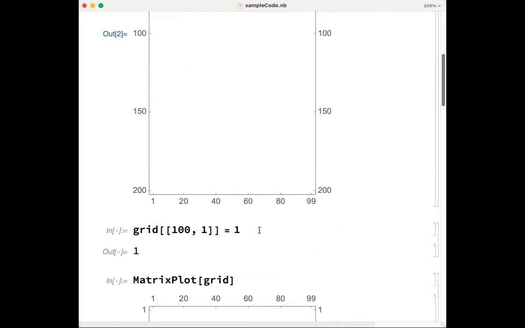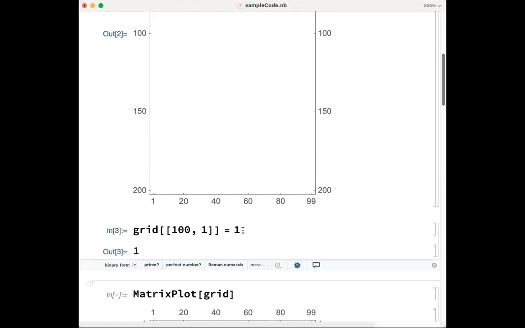The second step is to introduce a particle at site 100 and 0. So that's what I gave you in the instructions. But it turns out that Mathematica doesn't like the 0 index, so it's 1. So in this case, it's not 100 and 0, it's 101. Once I do that, I call this particle, instead of being a 0, it's going to be a 1.